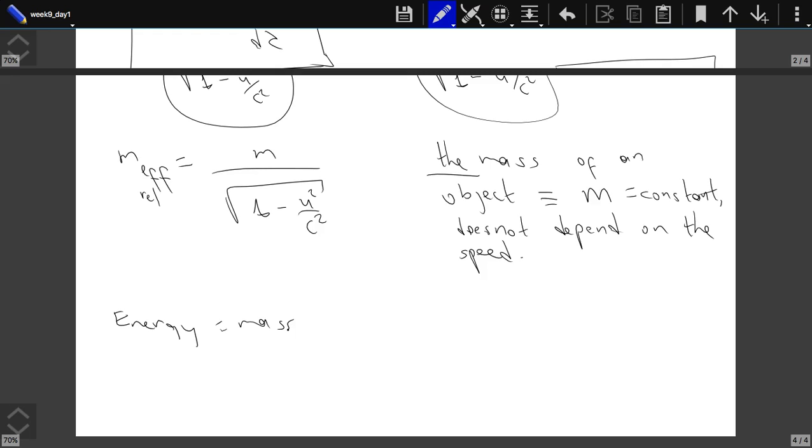For example, in reactors, what we do is we split nuclei and extract energy. Now, the total rest mass energy plus the extracted energy is conserved. The sum of the masses of the nuclei before it splits is larger than the sum of the masses of the nuclei after it splits.